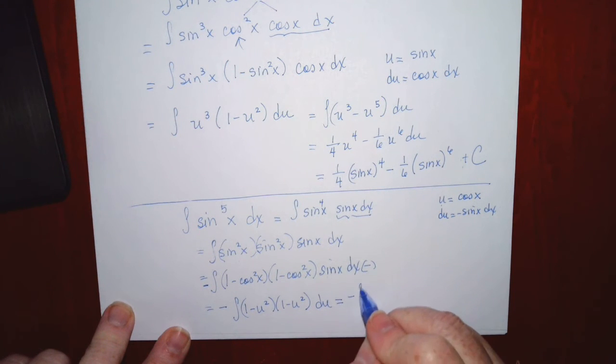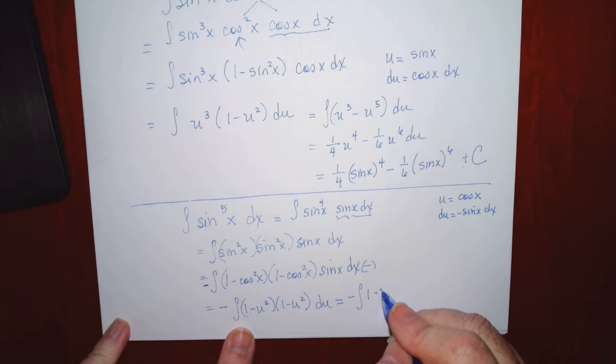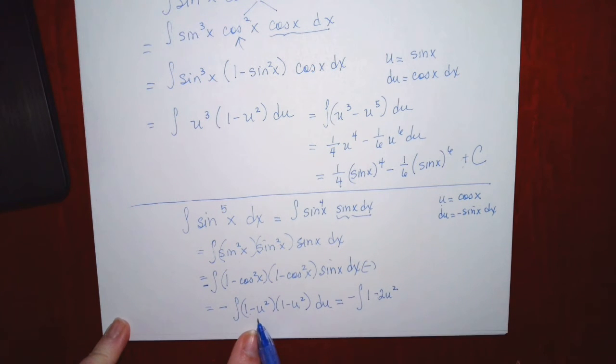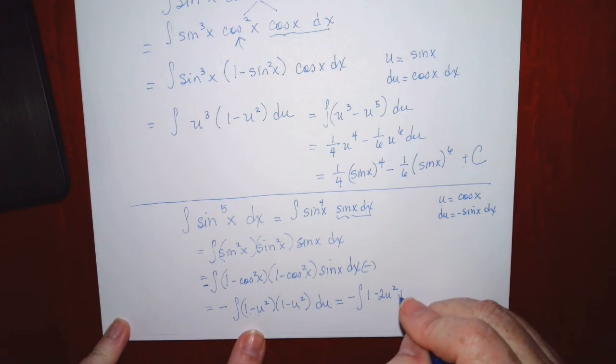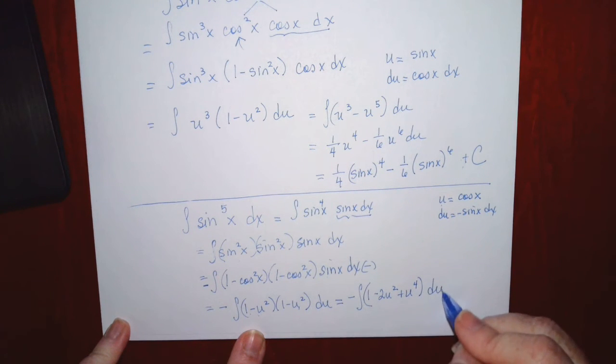Or that's negative the integral of 1 minus 2u squared plus u to the fourth du.